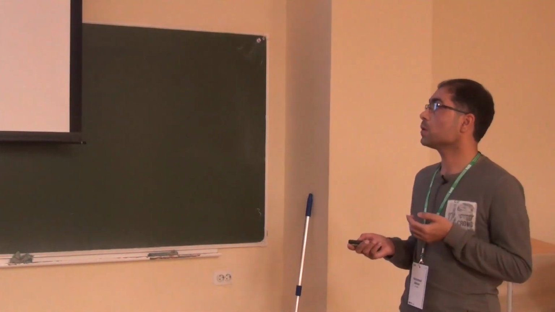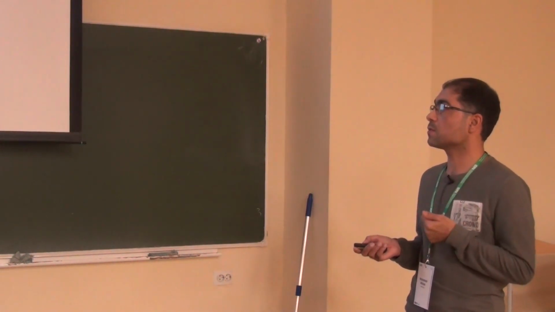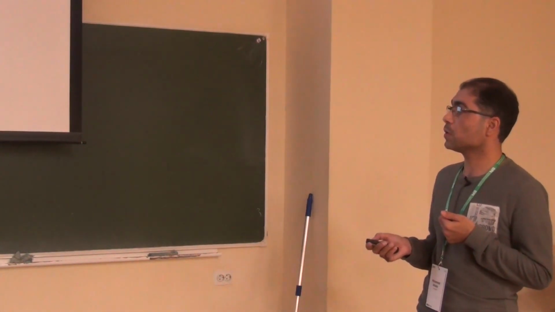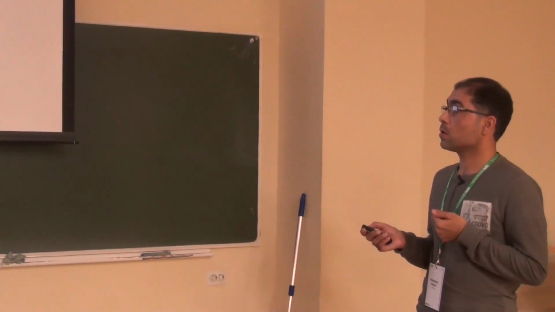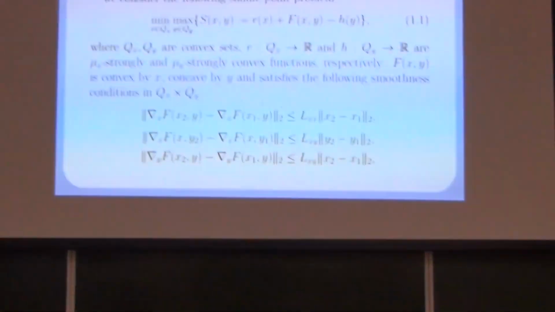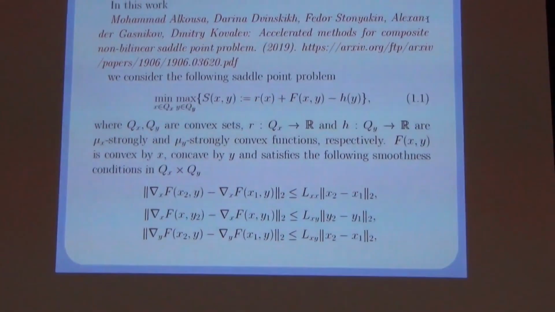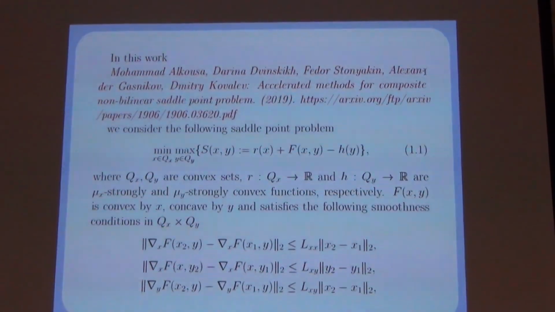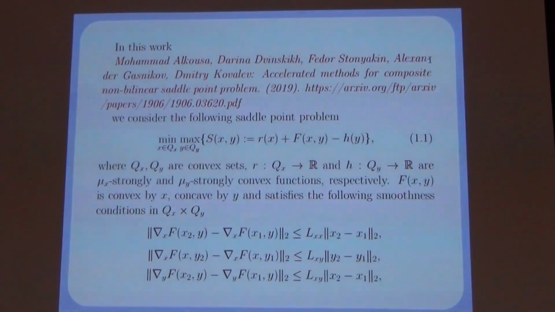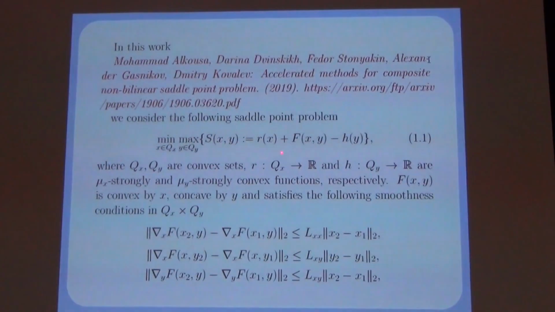The first part is for the general case of the saddle point problem. In this part, the goal is to study accelerated methods to solve these problems in the general case when the function f is non-bilinear.